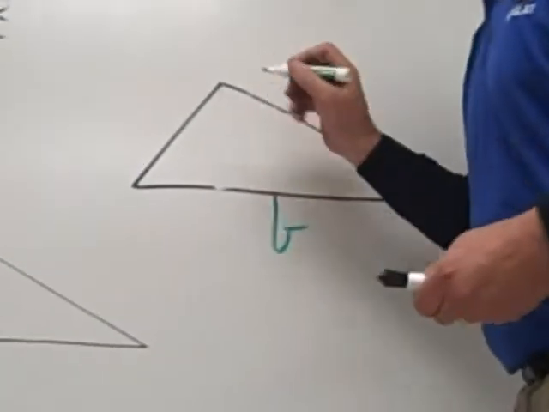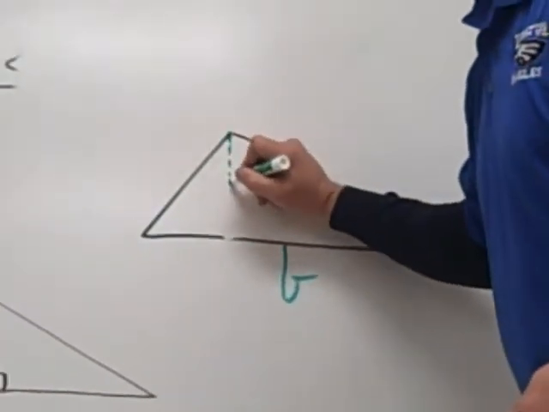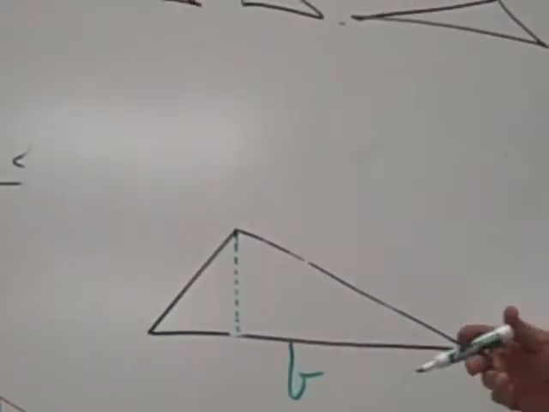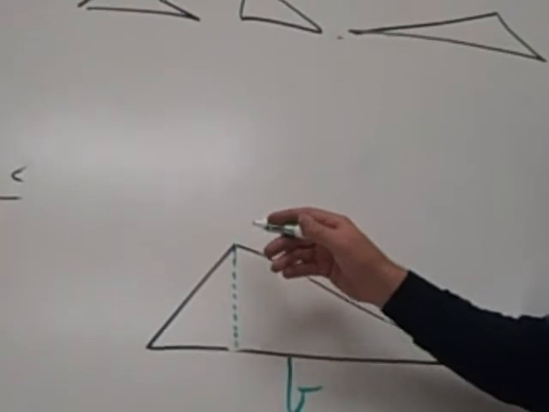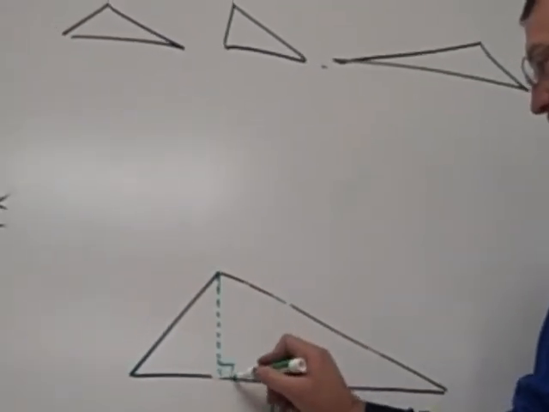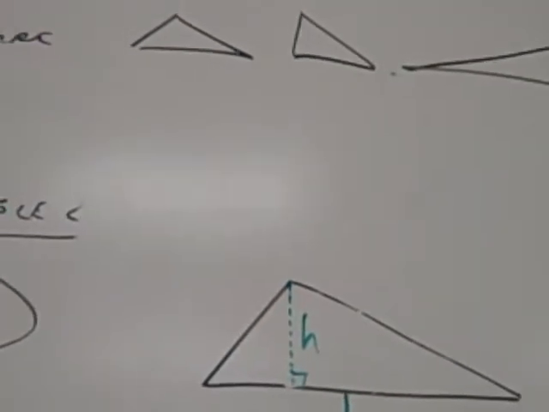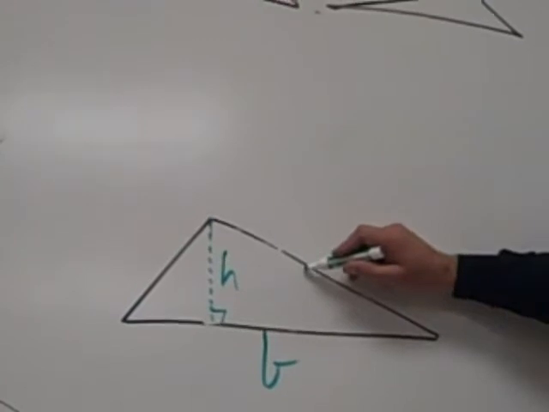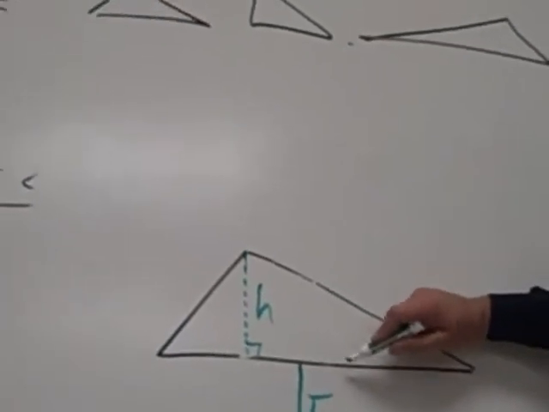So we're looking for the straight up and down line. Even on a triangle, we need a straight up and down line. It goes from one corner down to the base and forms a right angle. That's going to be our height. If I draw a straight up and down line from way over here, is that how tall that triangle is?